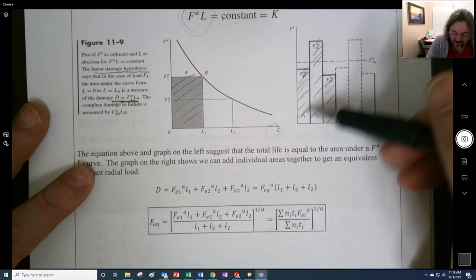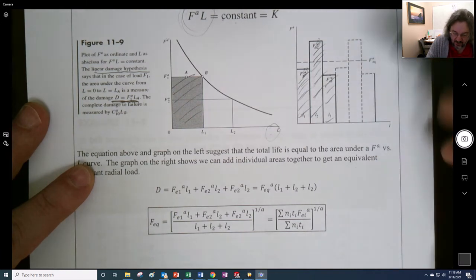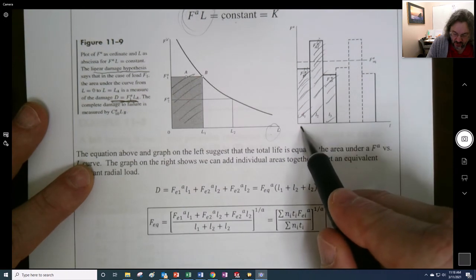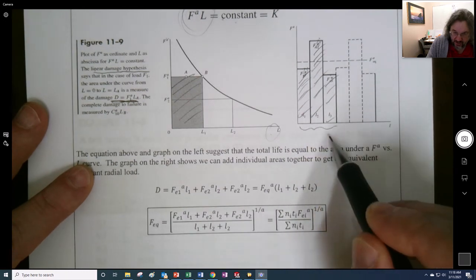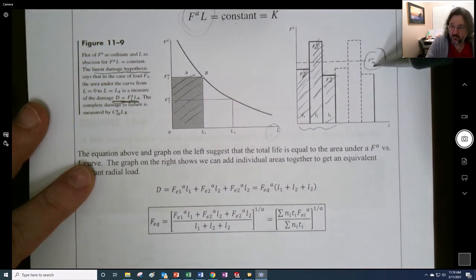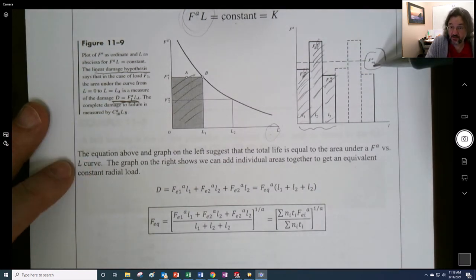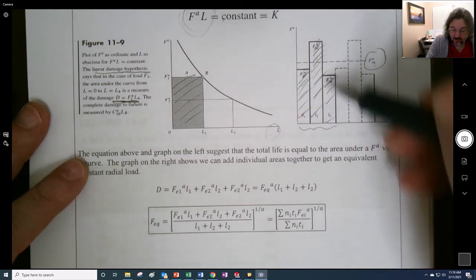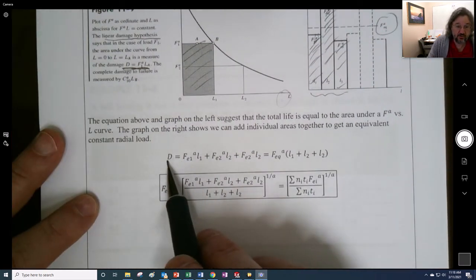Well, if we get the area of all of these, and then we divide it by the length that we have of these, we can have an equivalent amount of force right here. So the equivalent load can be found by taking the area of all of these events. So here you go, here's your damage.